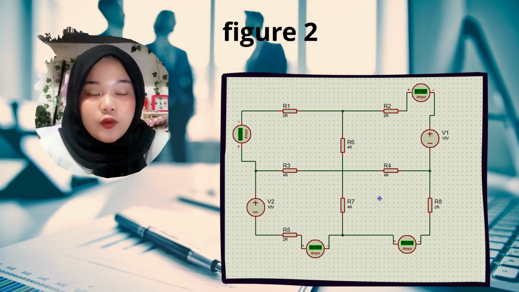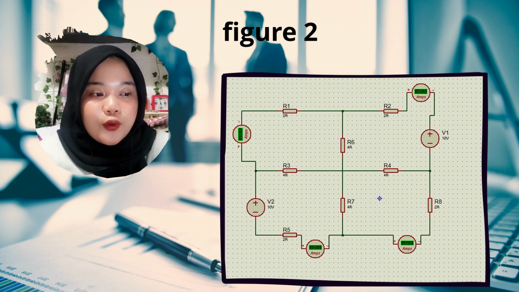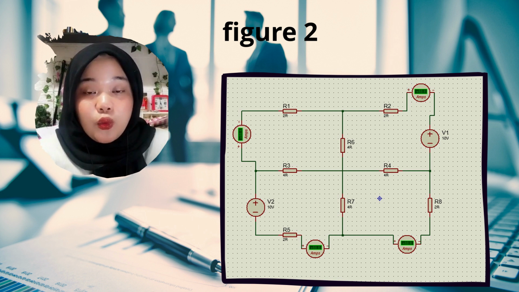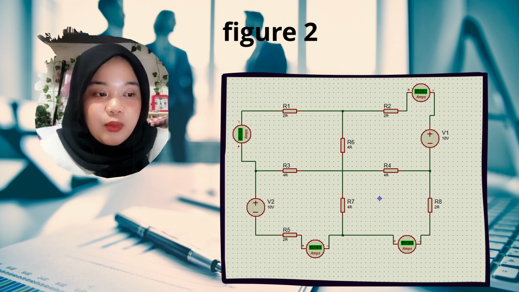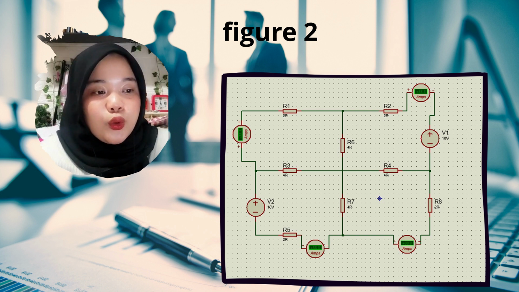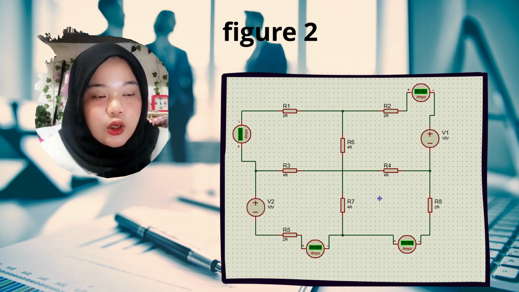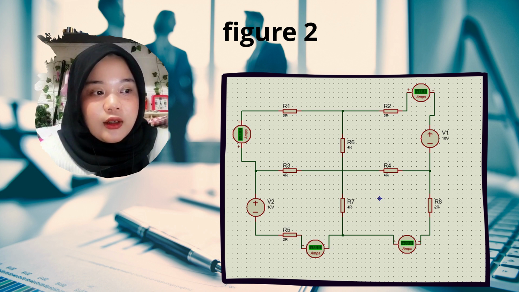Next one is for figure 2. In this simulation, we use 8 resistors that have the values 2 ohm, 2 ohm, 4 ohm, 4 ohm, 4 ohm, 4 ohm, 2 ohm, and another 2 ohm. In figure 1 we use the current supply, while for figure 2, we use the voltage supply, which is 10 volt and 8 volt.